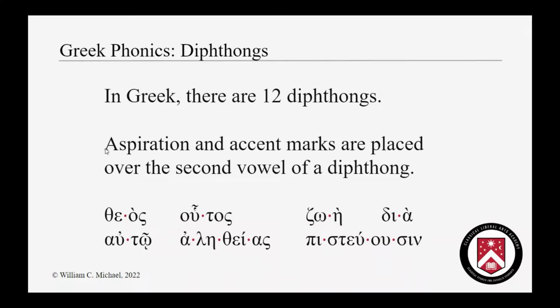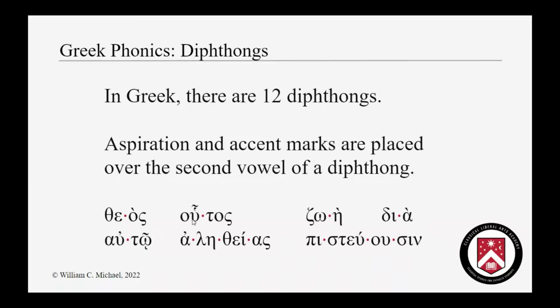One thing to note that I practiced when reading the diphthongs in the previous slide, but I want you to notice here more clearly, is that aspiration and accent marks are placed over the second vowel of a diphthong.